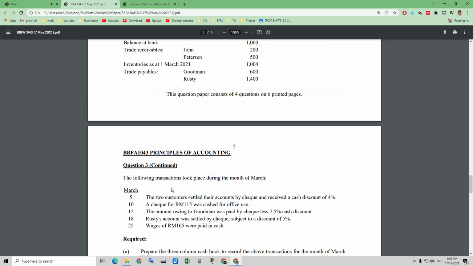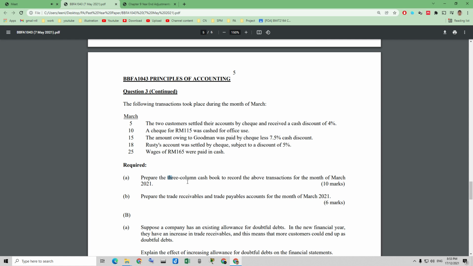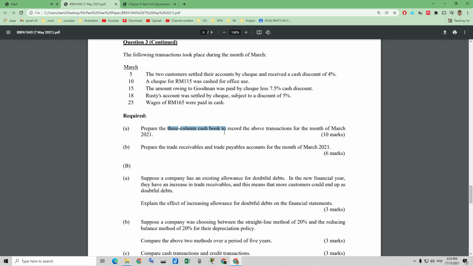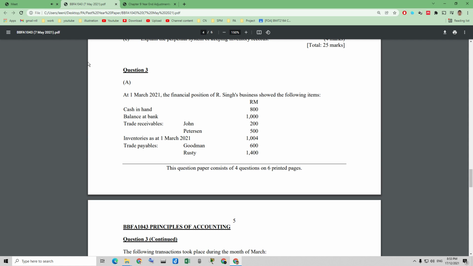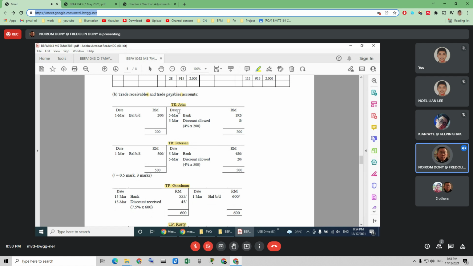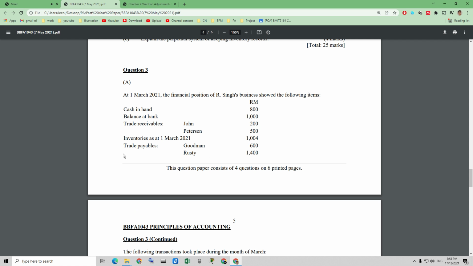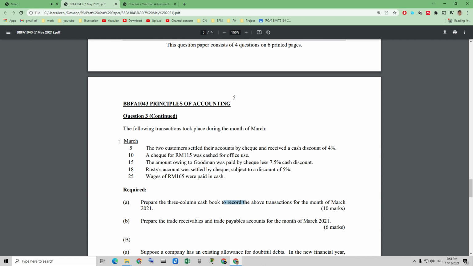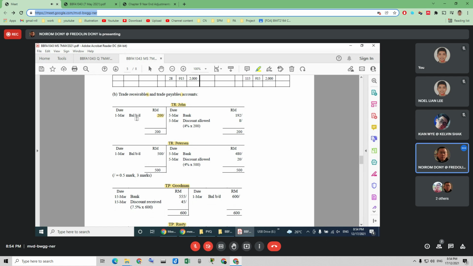So remember, trade receivable is an asset, so it should be a debit balance. By looking at the question, you are given the balances, so you need to record them on the debit side. John, 200 will be the opening balance, debit balance, so balance brought down.